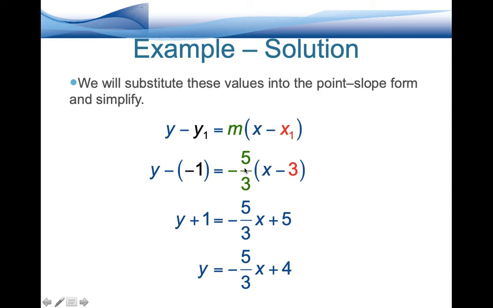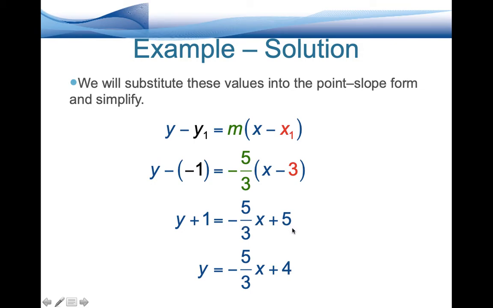But here, we'll say negative 5 over 3 times x, and negative 5 over 3 times negative 3. Well, negative 5 over 3 times negative 3, or negative 3 over 1, is going to be positive 5. Negative times negative gives you a positive. So now what I have is y plus 1 equals negative 5 thirds x plus 5.